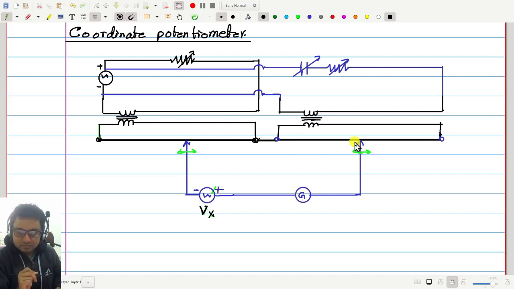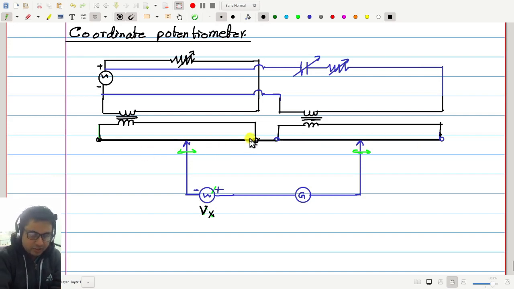Okay, next there are a couple of questions. Number one, how do we standardize this setup? Standardize means how do we fix the constant volt per unit length for these two wires.